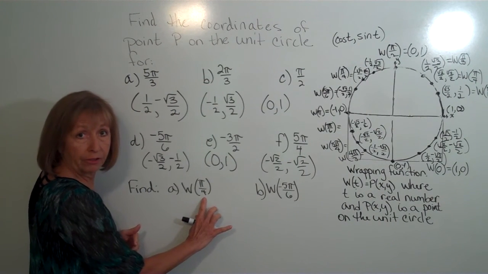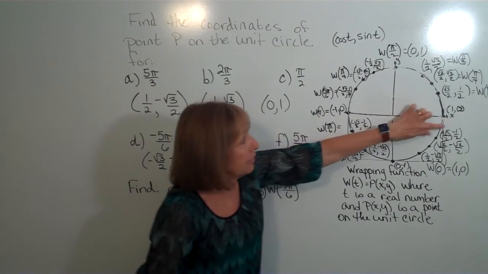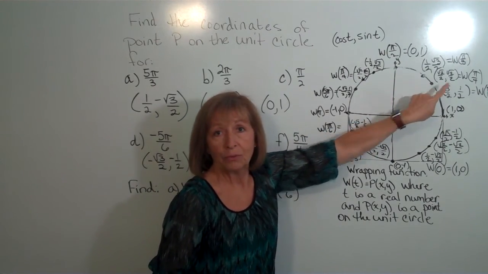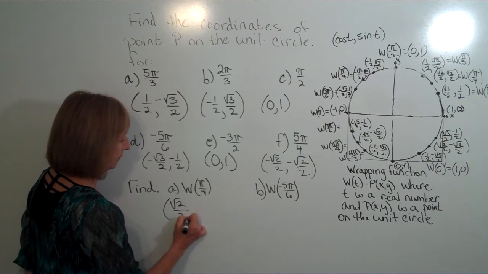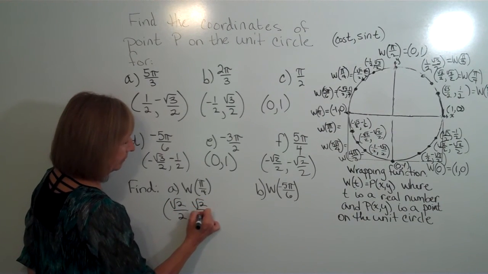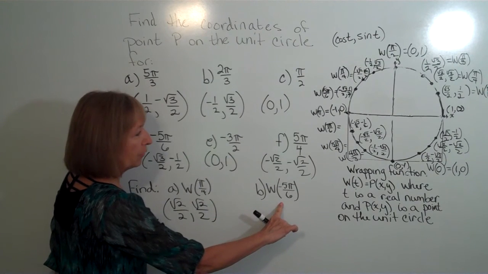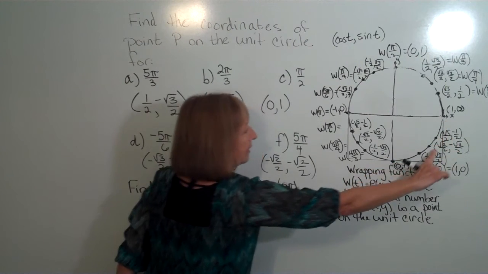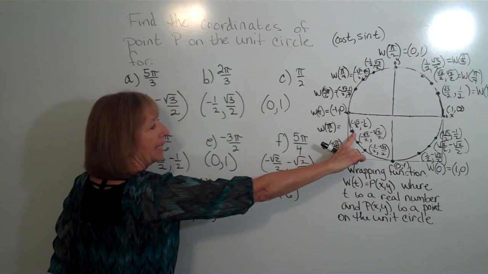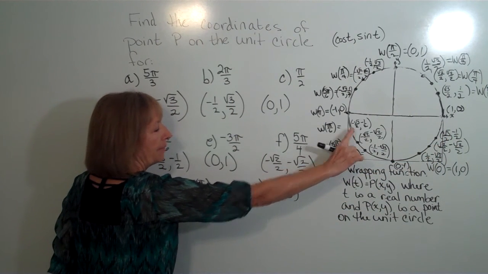So this wrapping function of pi over 4 is just the ordered pair square root of 2 over 2, square root of 2 over 2. And the wrapping function for negative 5 pi over 6 is going to be my negative square root of 3 over 2 comma negative a half.